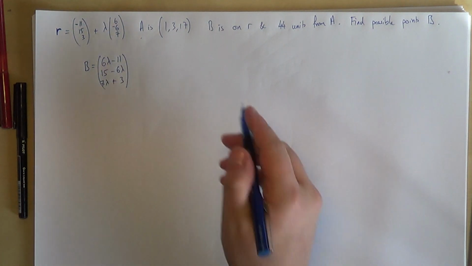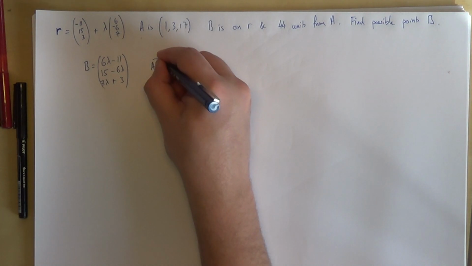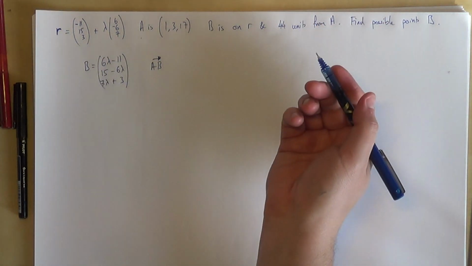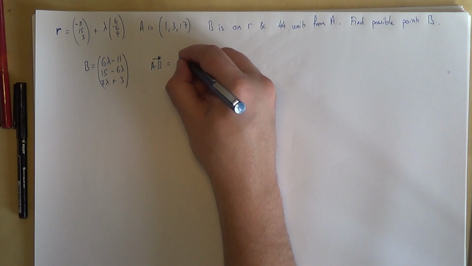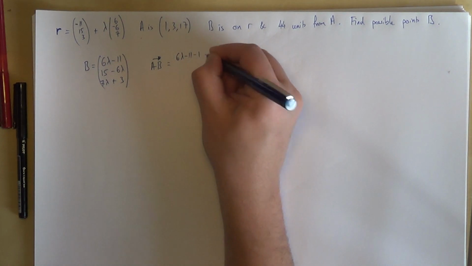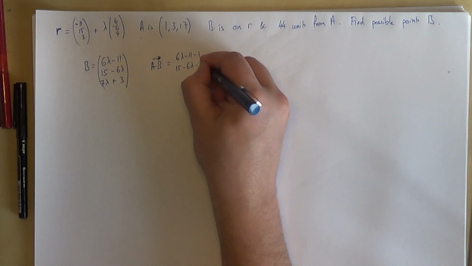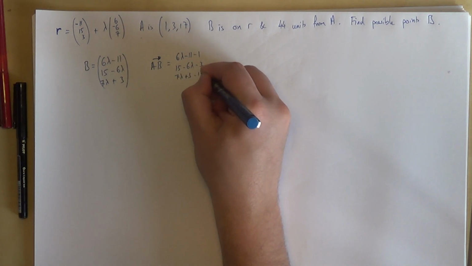Now the vector A to B, as we've done from our GCSE geometry, is back along A and forward to B. It's the difference between them. So we're going to do 6 lambda take 11 take 1, 15 take 6 lambda take 3, and 7 lambda plus 3 take 17.